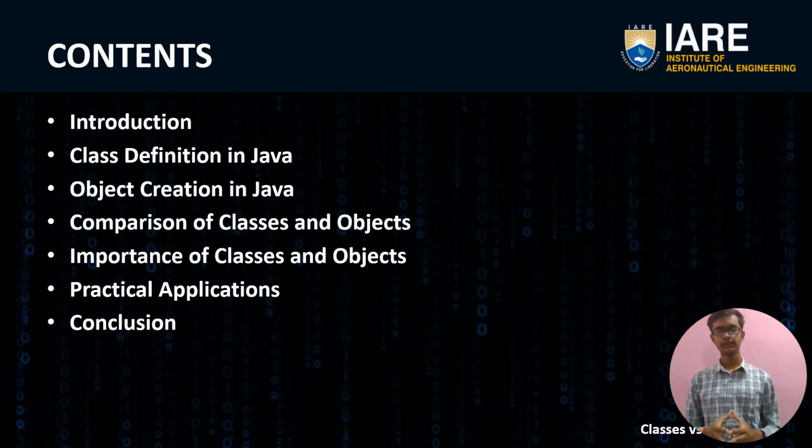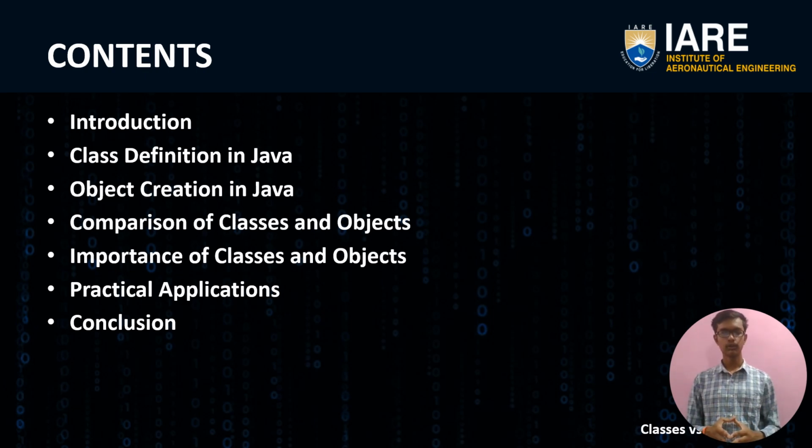In this topic, we have these contents. First one, introduction. I am going to introduce the topic in the first place, and after that, class definition in Java. I am going to explain how to define a class in Java, the programming language we all know.